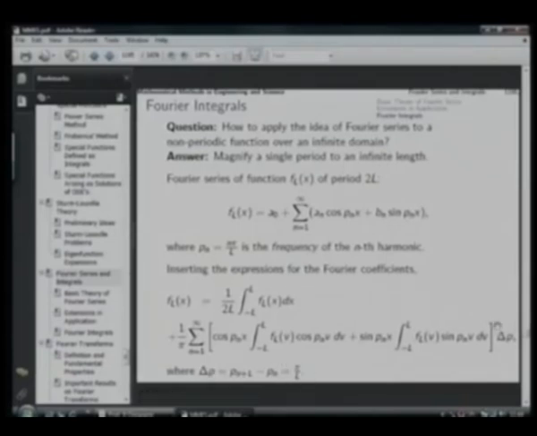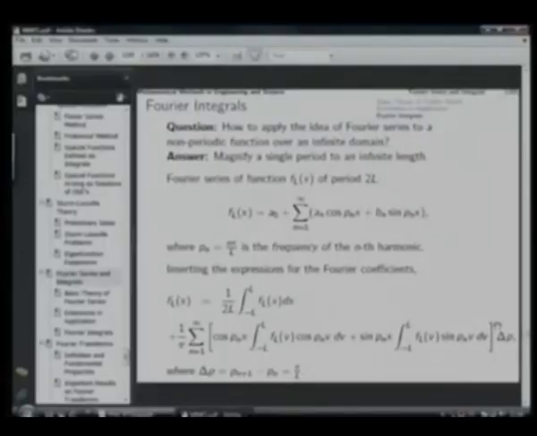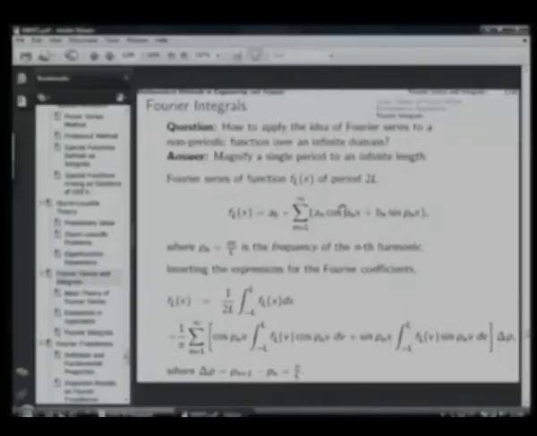Because with a large number of terms, we have one term which is n pi by l, the next one will be (n plus 1) pi by l. What is the difference of the two values of p, p_n and p_(n+1)? That is pi by l. So, that is delta p. So, pi by l into 1 by pi gives us the 1 by l which we needed in the ordinary Fourier series.